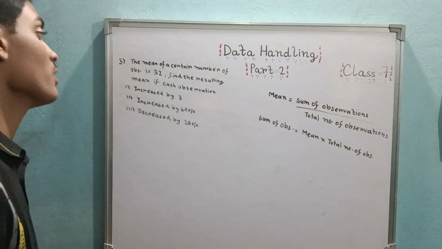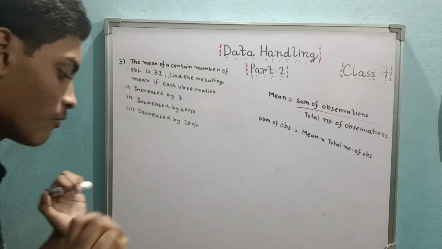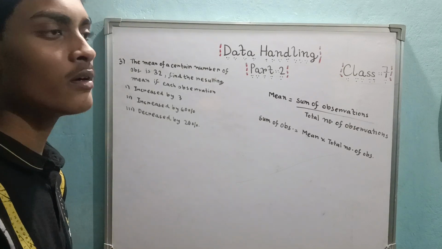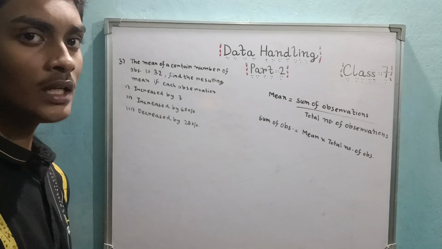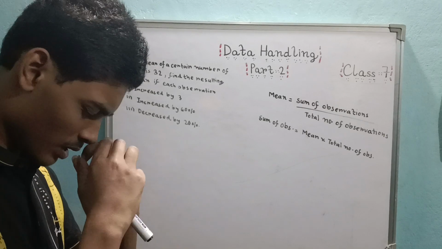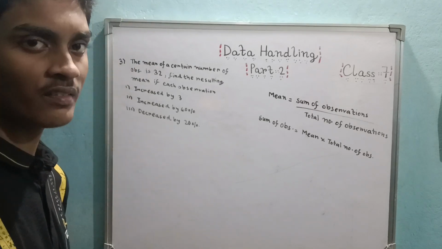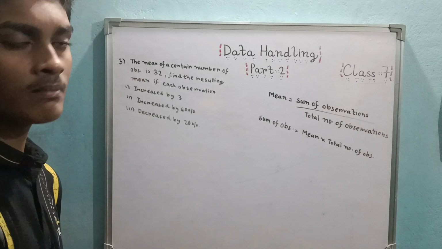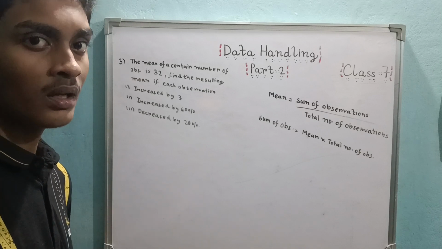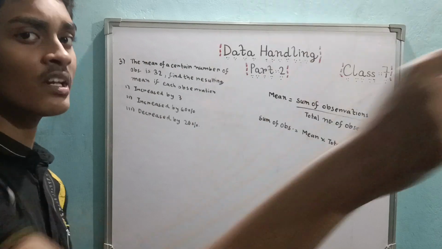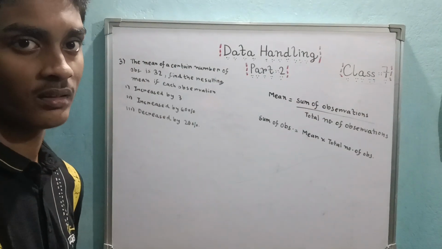Now the property. For a certain number of observations you have a mean. If each of the observations is changed by some mathematical operation, then that mean is also changed by that same mathematical operation.